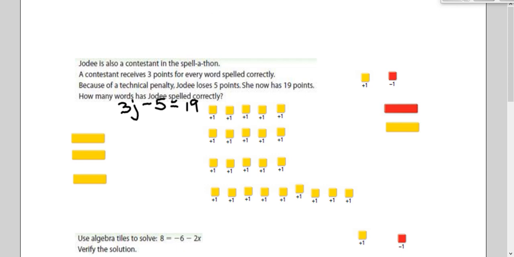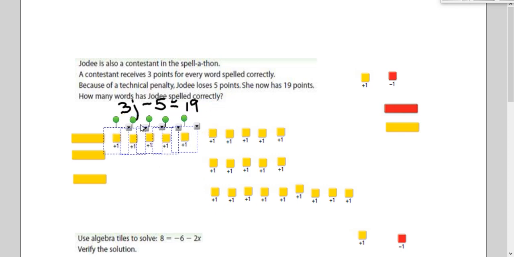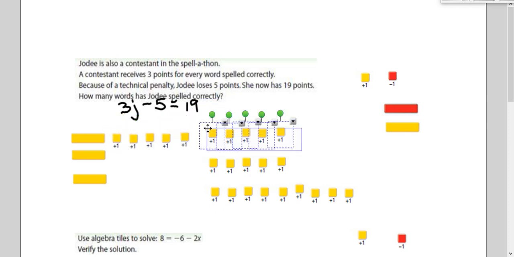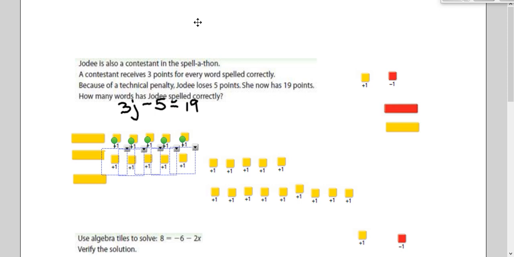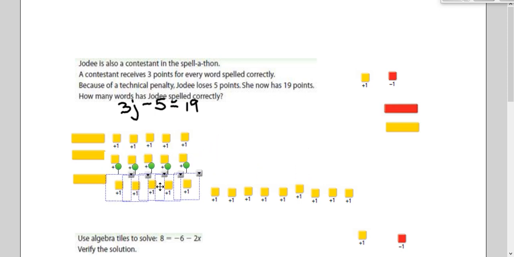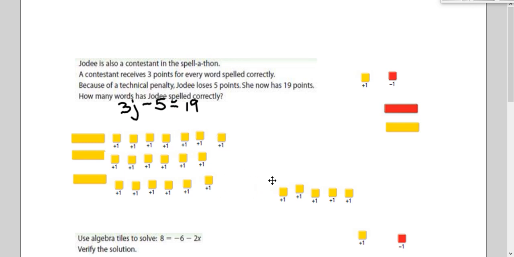So we need to arrange these into 3 equal groups. So I know I have there, and there. So that's 1, 2, 3, 4, 5. Let's take 1 each at a time until it lines up.